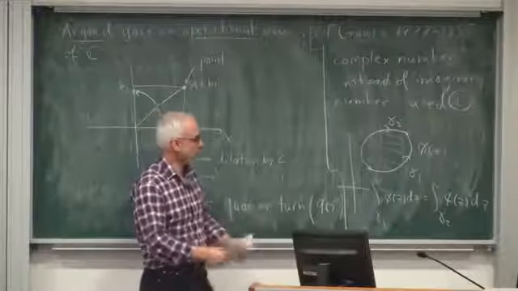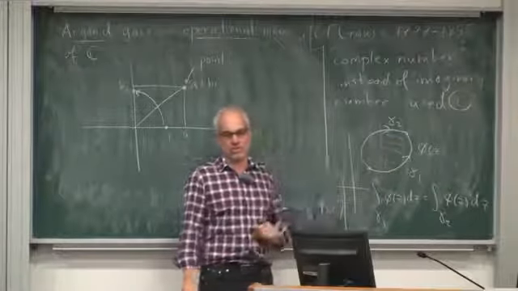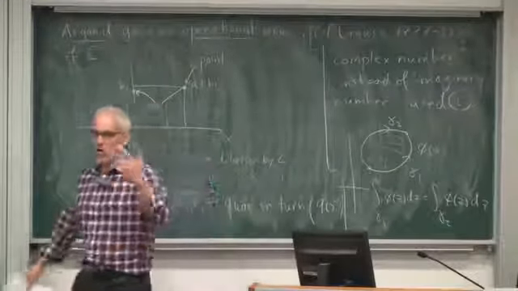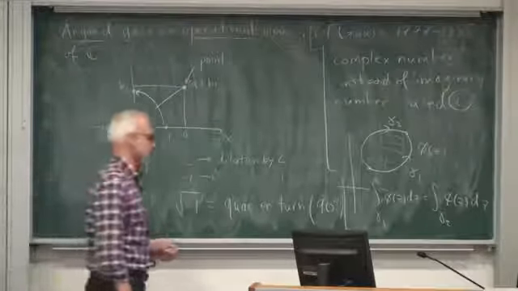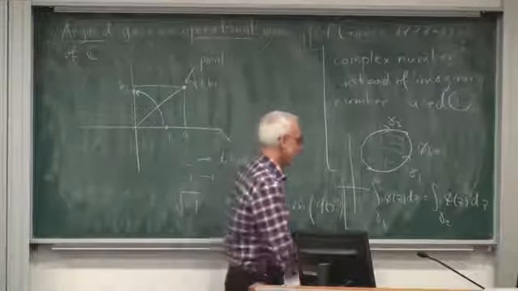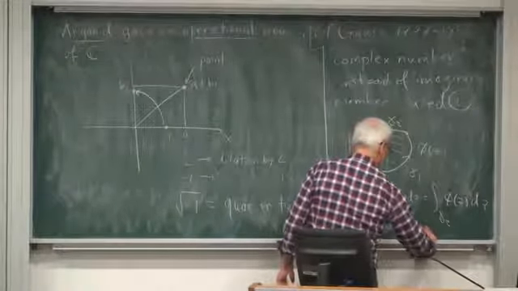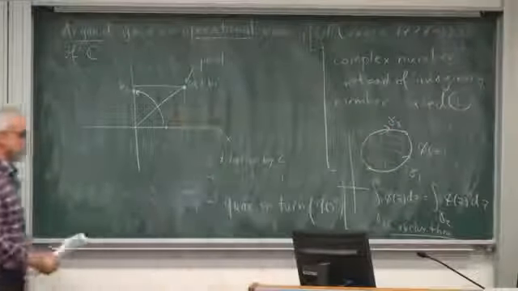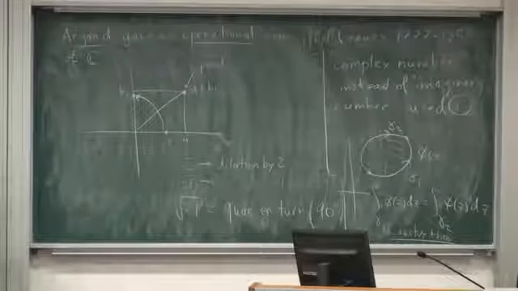That meant it was a proper function, and did not take on the value infinity within that domain. In other words, that's Gauss's way of saying that it doesn't blow up, it doesn't have a singularity. These days we would say it's analytic. So this is basically Cauchy's theorem, which he stated but did not prove. And then Cauchy, the great French mathematician, ended up proving that and developing complex number theory quite a lot more.